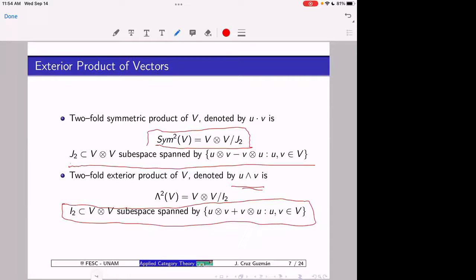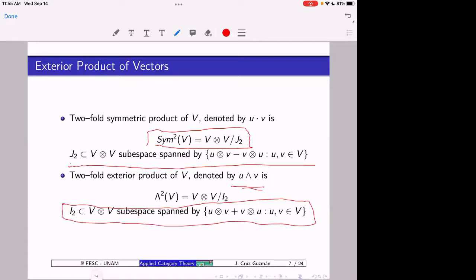Is still a multivector, yes. Yes, is an element of the multivector forms. Yeah, it's like reducing the degree. Yes. This is the idea here.